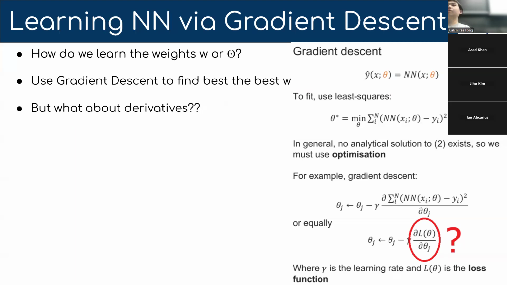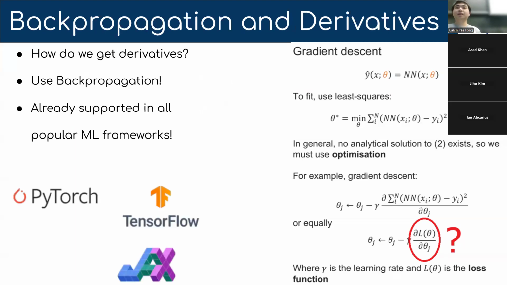But now we have special software like machine learning libraries that can do this for us. For example, PyTorch and TensorFlow both support backpropagation. Basically, backpropagation computes these derivatives for us, and in fact it does this automatically once we state what neural network we're using.